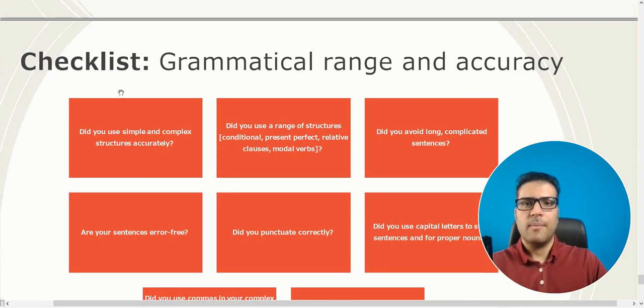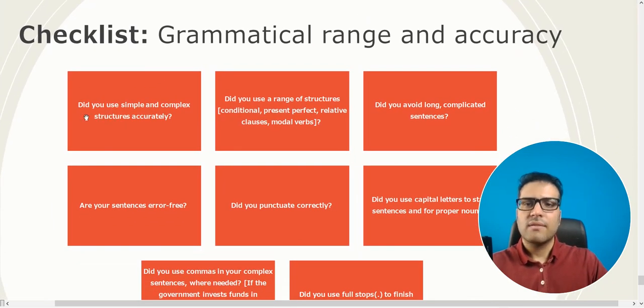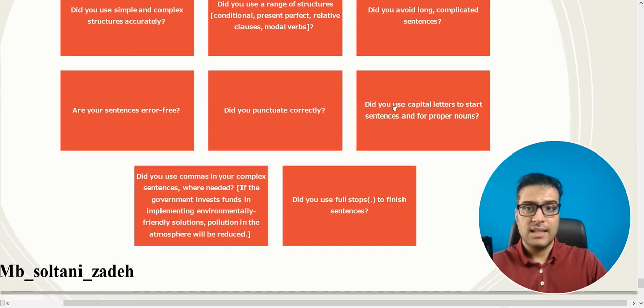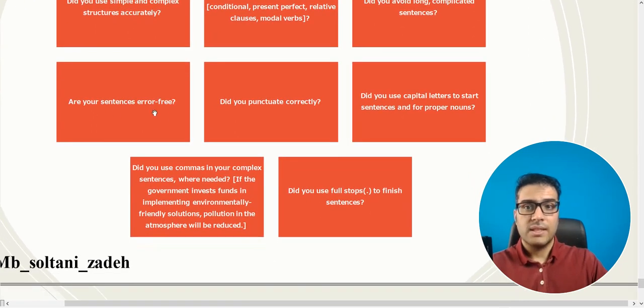And finally, the grammar. You should ask yourself, did you use simple and complex structures accurately? Did you use a range of structures: conditional, present perfect, relative clause, modal verbs? Did you avoid long, complicated sentences? Are your sentences error-free? Did you punctuate correctly?